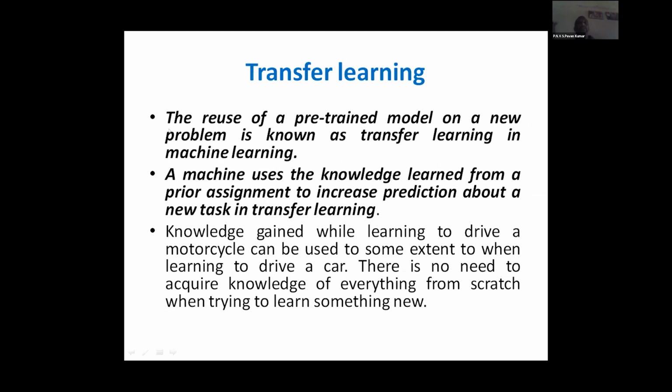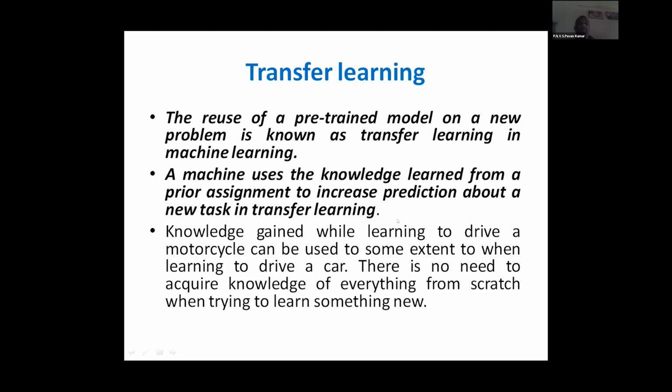What is transfer learning? The reuse of a pre-trained model on a new problem is known as transfer learning in machine learning. That means an already pre-trained model is used, and its output is used as input for the new model, such that time and effort are saved. A machine uses the knowledge learned from a prior assignment to improve prediction about a new task.